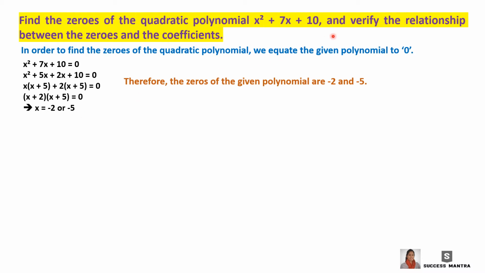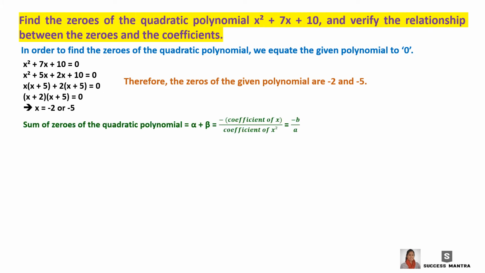In the question they have asked us to verify the relationship between zeros. So we want to prove alpha plus beta and alpha beta. So sum of zeros of this quadratic polynomial alpha plus beta is equal to minus of coefficient of x divided by coefficient of x square, that is minus b by a.